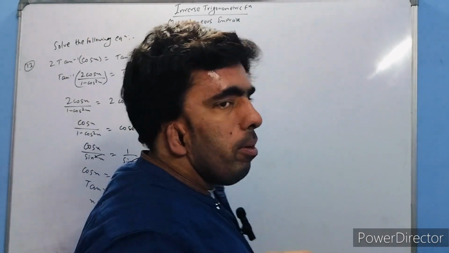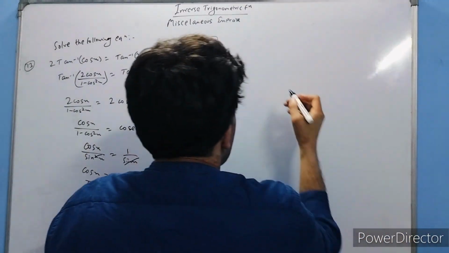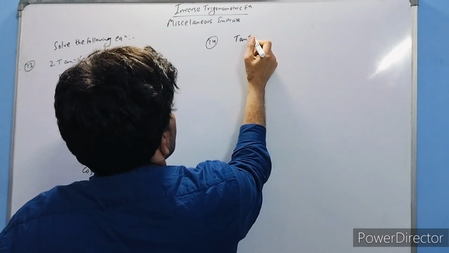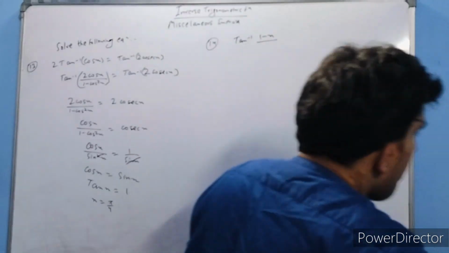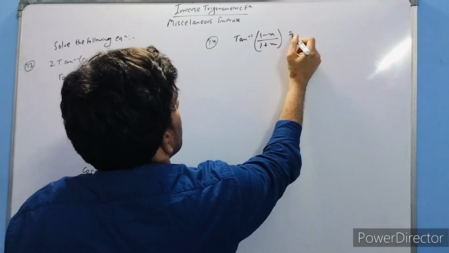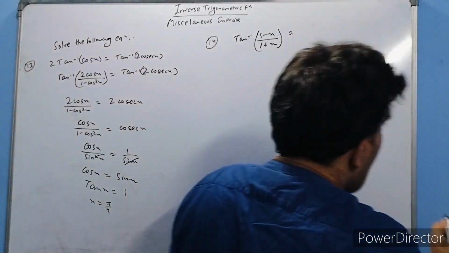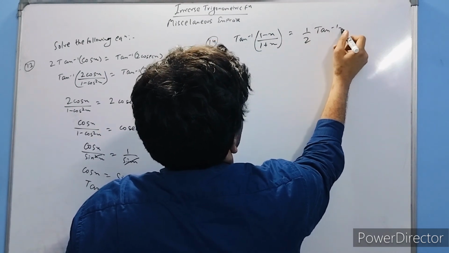We have one more question now, that is the 14th: tan inverse (1 minus x upon 1 plus x) is equal to half of tan inverse x.